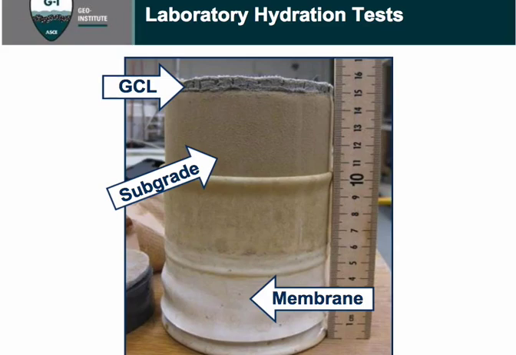In these laboratory hydration tests, we compacted a subgrade at different moisture contents, put a dry GCL on top, applied an effective stress for a closed system, and then after some period of months, we exhumed the GCL and tested the moisture content and the hydraulic conductivity.